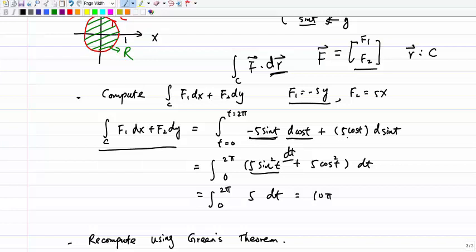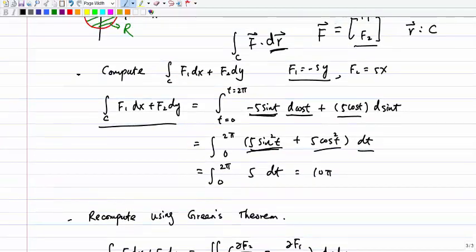And here it becomes 5 cosine t, and d sine t is cosine t dt, so 5 cosine t squared dt. I pull the dt outside and combine them. So 5 sine t squared plus 5 cosine t squared is just 5, because sine t squared plus cosine t squared is 1.